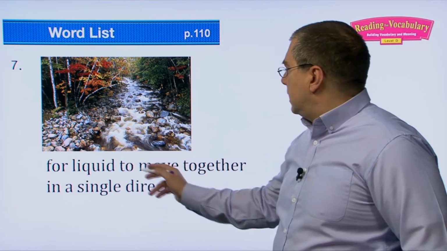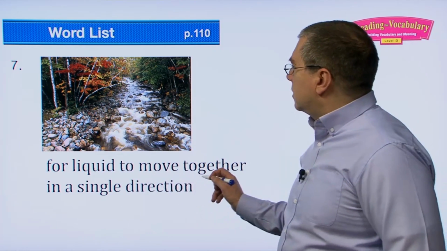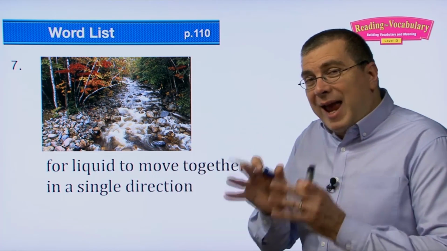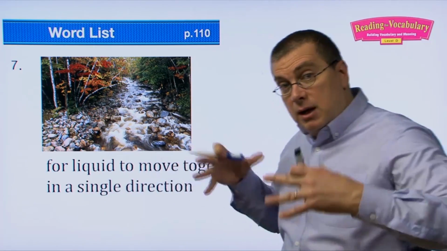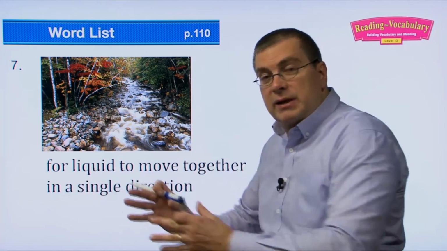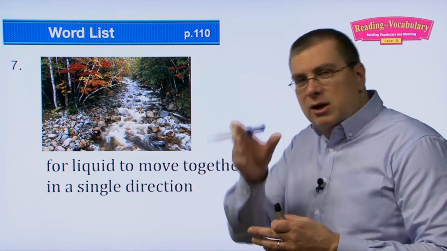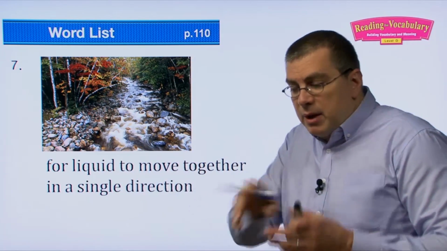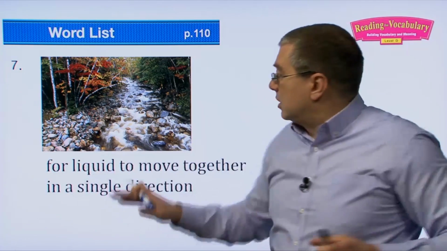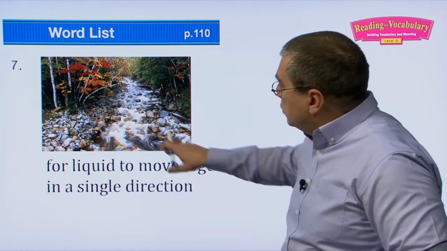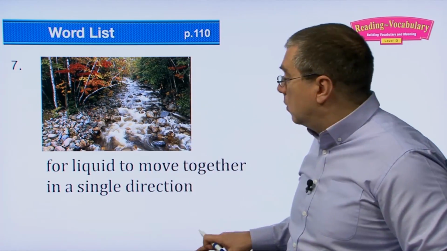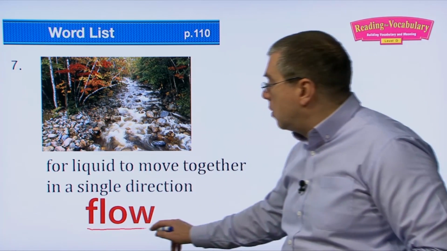Next one. For a liquid to move together in a single direction. For any liquid to move together, and a lot of liquid moving together in one direction. It doesn't have to be a lot. It could be a cup of water, but if you spill it, it moves in a direction. This stream, of course, is moving in a direction downhill. What is it doing? It is flowing.